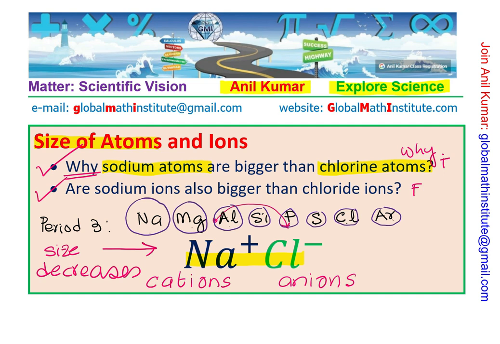And anions, the negatively charged particles, will be bigger than their atomic size. Makes sense? Correct? So that is, in short, the reason for this. You can extend this and look into more ionic molecules, right? Where this logic can be applied.